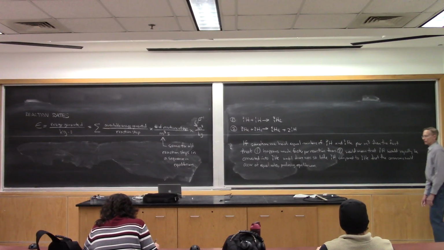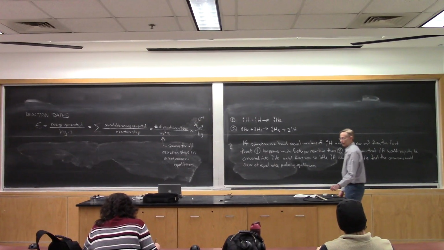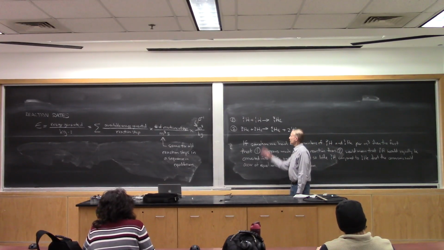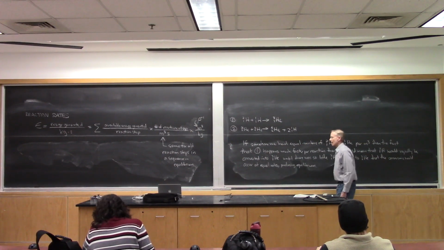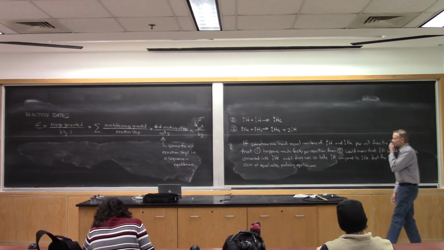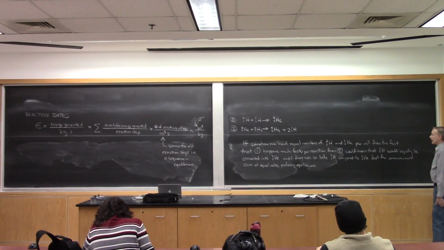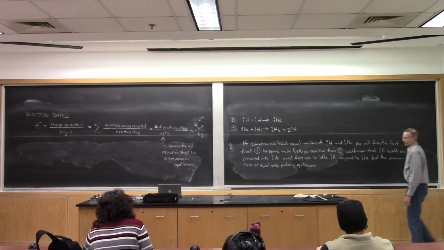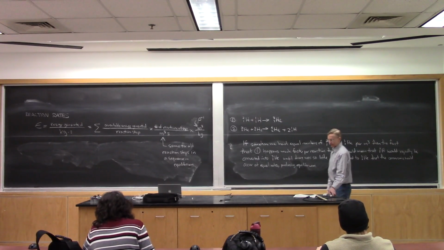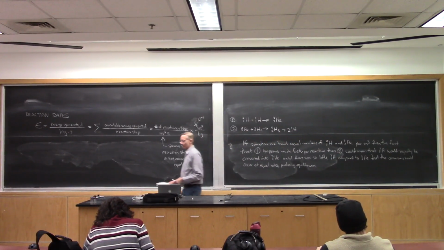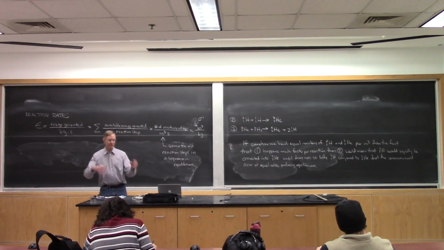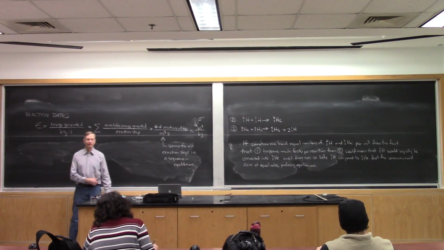So when you have a reaction that proceeds quickly versus a reaction that proceeds slowly, the number of nuclei per cubic meter is going to be a lot higher for nuclei whose conversion is a lot slower, because you need more of them around to get the same number of reactions per cubic meter per second.